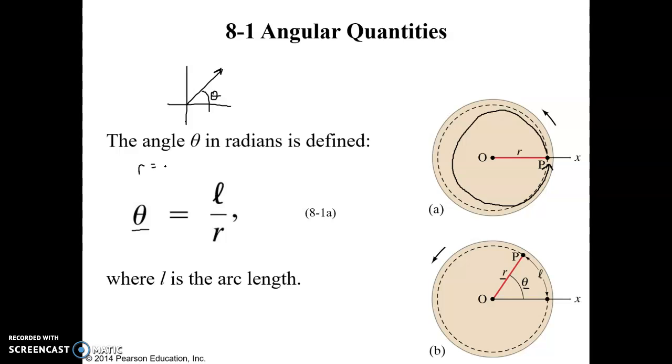We could say R is equal to L over theta, or we could solve it for L. L is equal to theta times R. So that kind of lays the groundwork for our rotational motion. We have some object here that's going to rotate about an axis or point of rotation, and we describe how much it rotates with theta, and we relate the distance arc length L and radius with this equation right here.